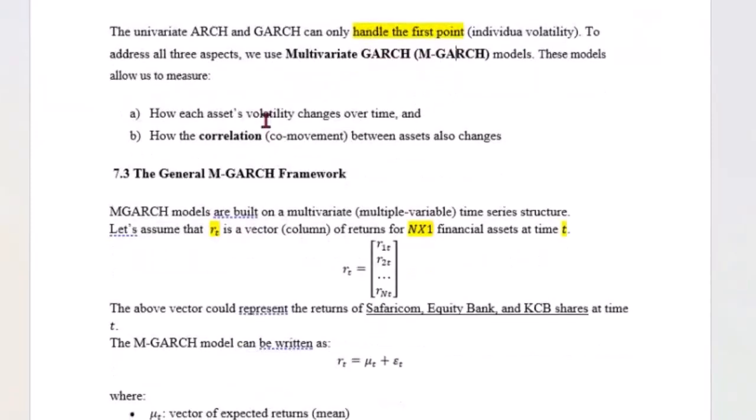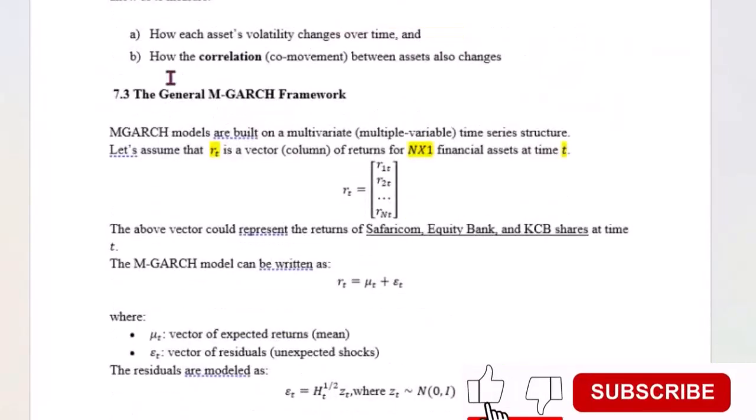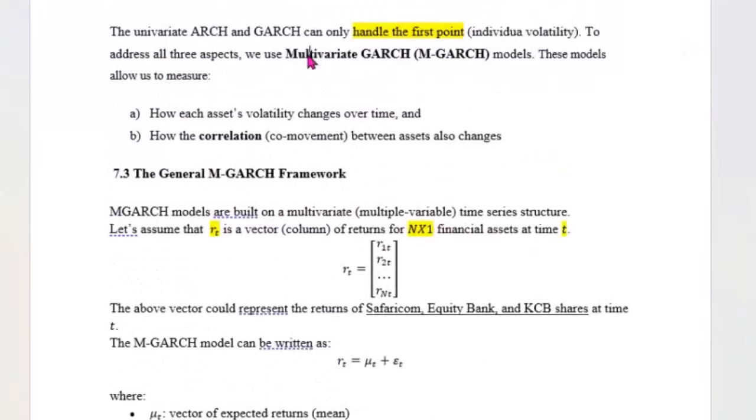These models allow us to measure how each asset's volatility changes over time and how the correlations or the co-movement between them change. If they are increasing, how is that increase? How is the decrease in performance or in volatility? So that is the reason why we need the multivariate GARCH models.